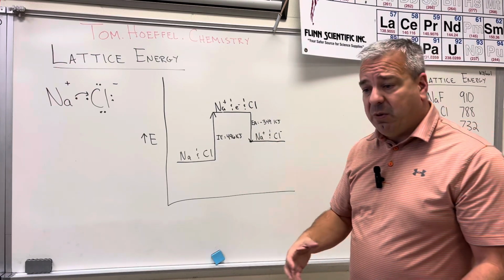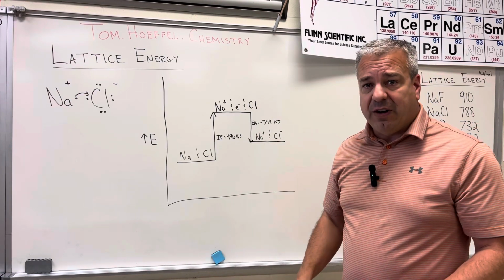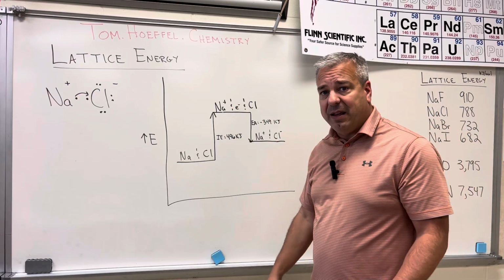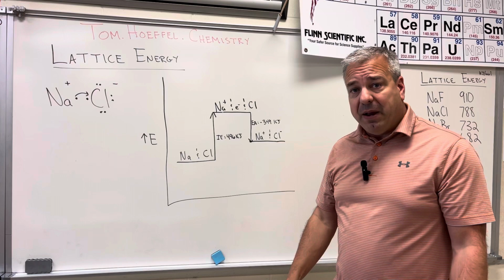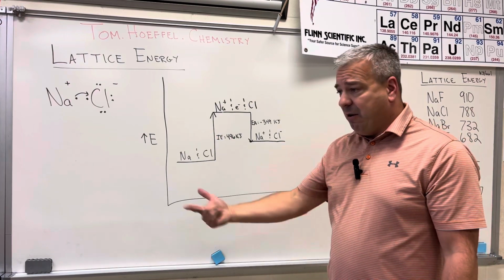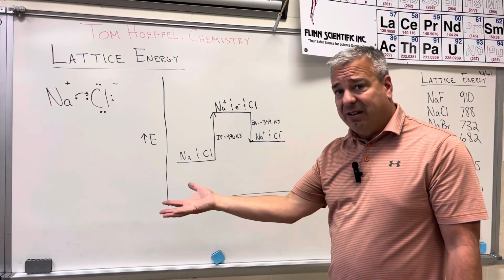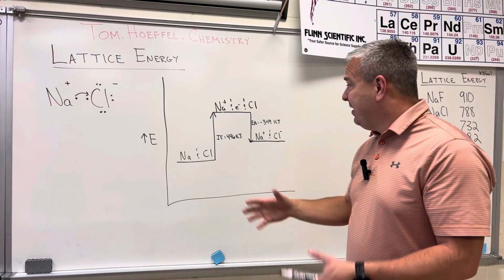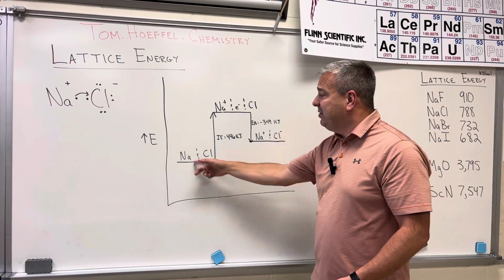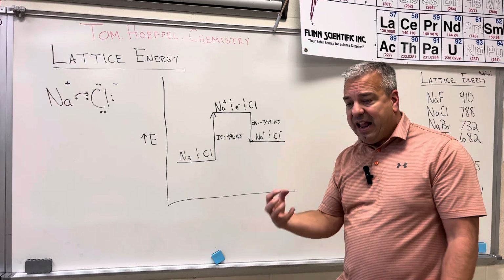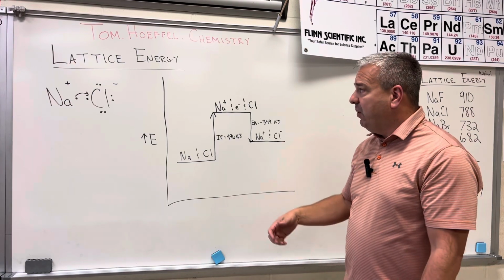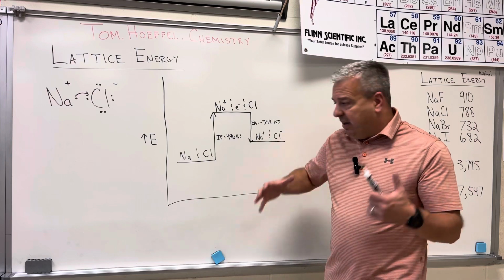Sodium chloride is the salt that we put on our French fries or we season our mashed potatoes with. And last time I checked, when I leave my salt shaker out, when I come back the next day, there's still salt in my salt shaker. It's not decomposing back into just sodium atoms and chlorine atoms. It's staying as sodium chloride. So there must be something else involved here.